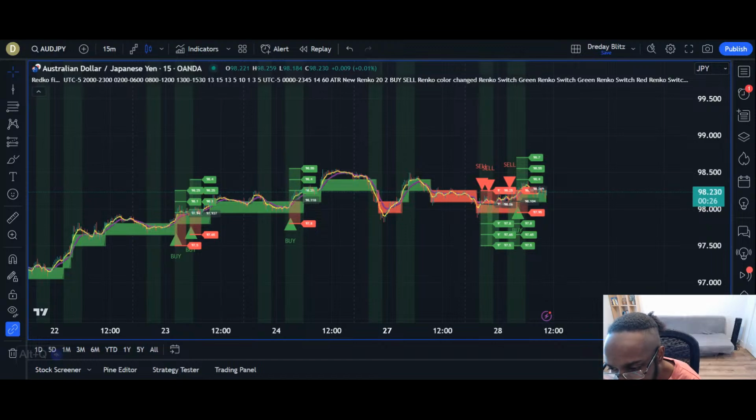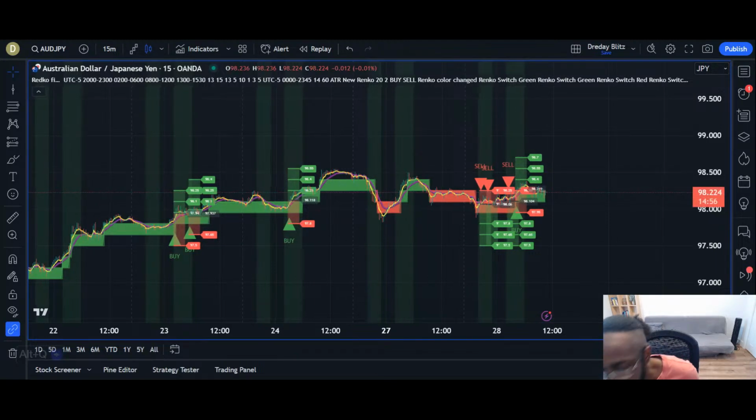Because this is not the time that those countries are open. Remember, near midday for London, the Australian dollar and the yen are almost out of volume. Exactly.